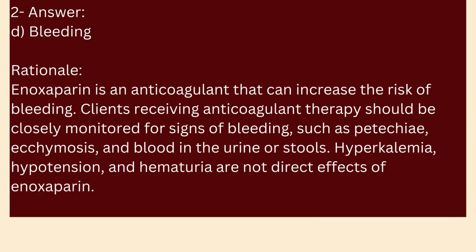Answer: D. Bleeding. Rationale: enoxaparin is an anticoagulant that can increase the risk of bleeding. Clients receiving anticoagulant therapy should be closely monitored for signs of bleeding, such as petechiae, ecchymosis, and blood in the urine or stools. Hyperkalemia, hypotension, and hematuria are not direct effects of enoxaparin.